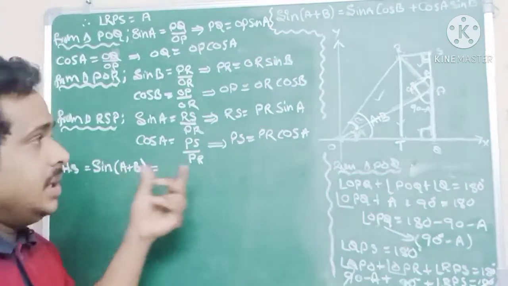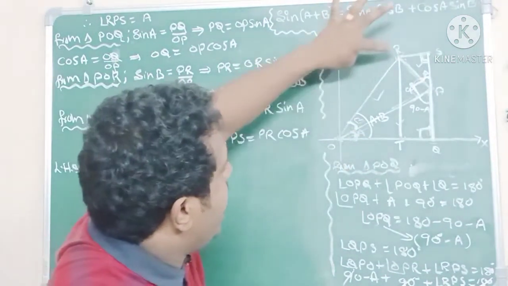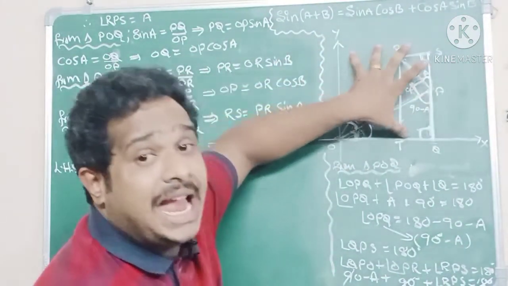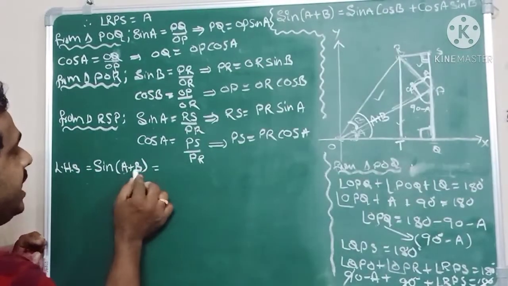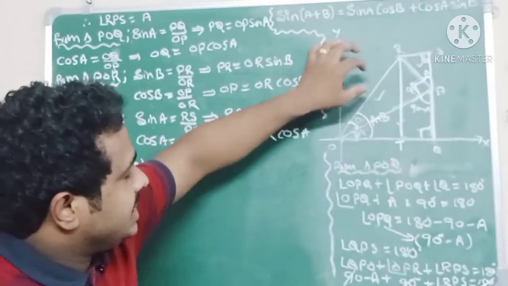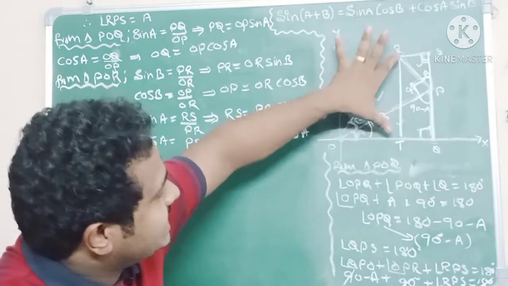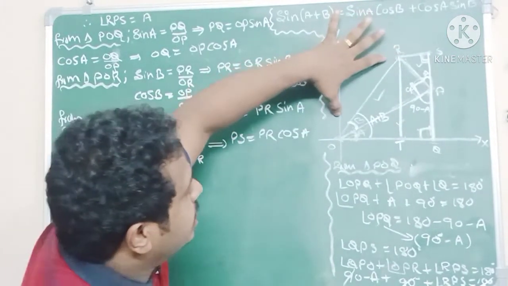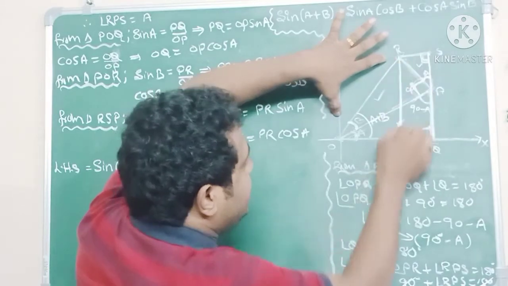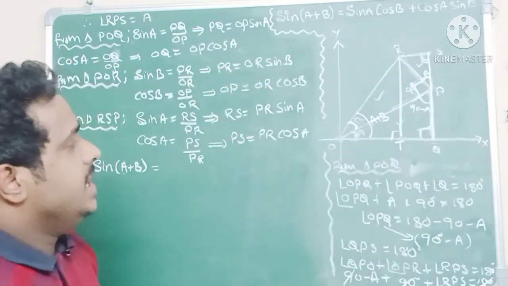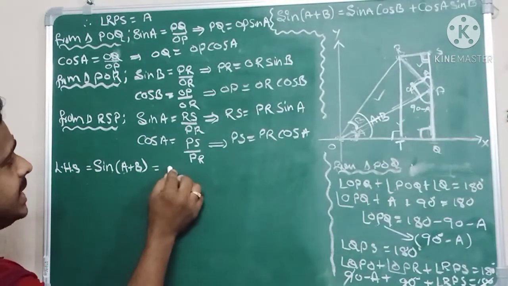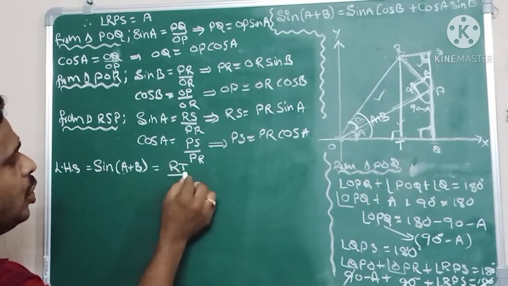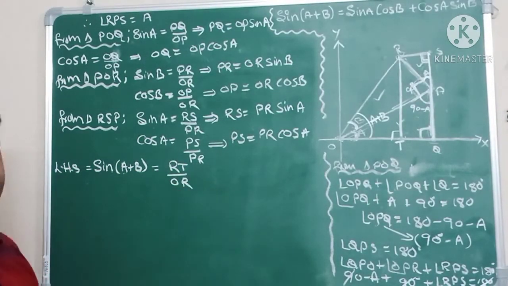So here ROT is another right angle triangle. Where A plus B is acute, the side opposite to A plus B is RT and the hypotenuse is OR. RT is perpendicular to OX, the X-axis. So the same ratio is RT over OR.